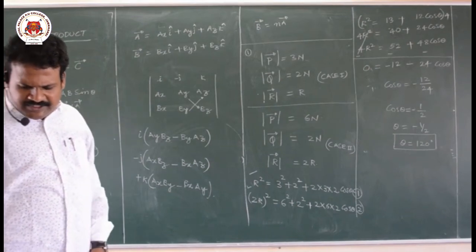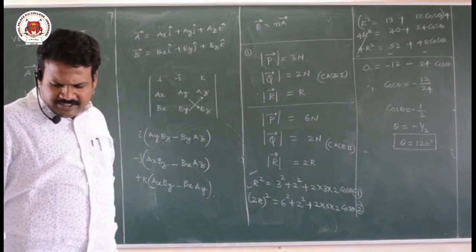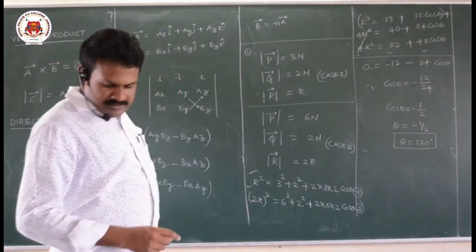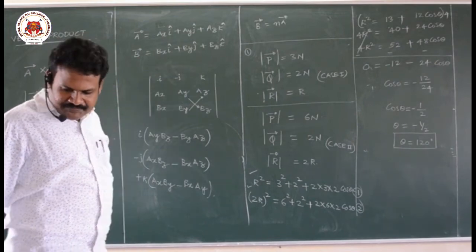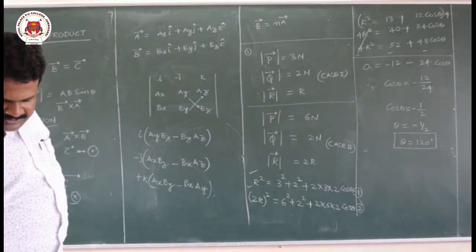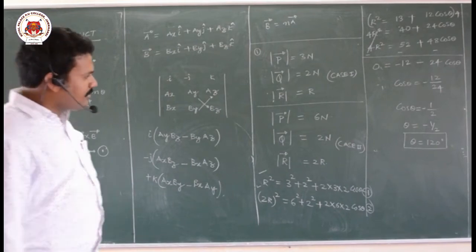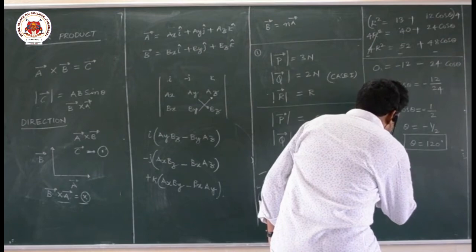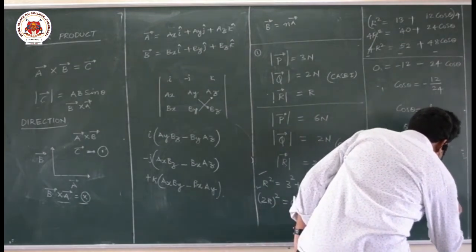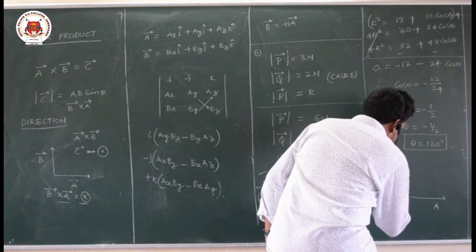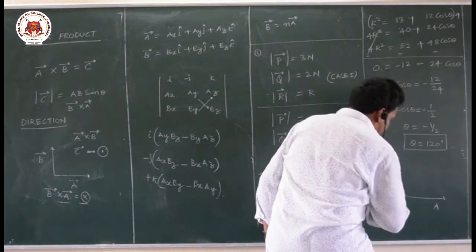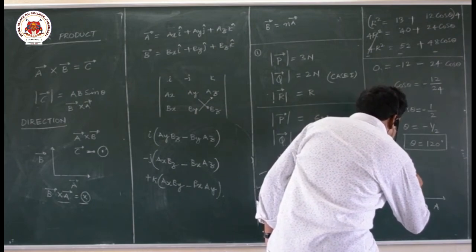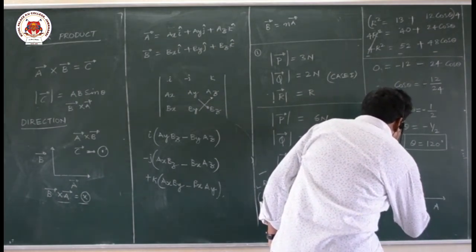The resultant of two vectors A and B is perpendicular to vector A and its magnitude is equal to half of the magnitude of vector B. See, there are two vectors. The resultant of two vectors A and B is perpendicular to vector A. So there is a resultant, question number 2, there is a resultant of A and B. This is A, this is B. Resultant of these two vectors is perpendicular to A. This is the resultant.